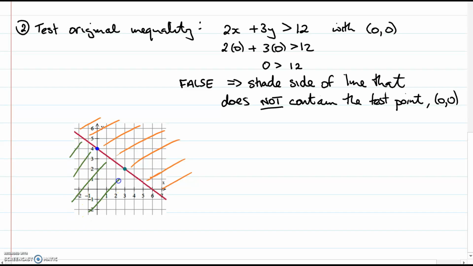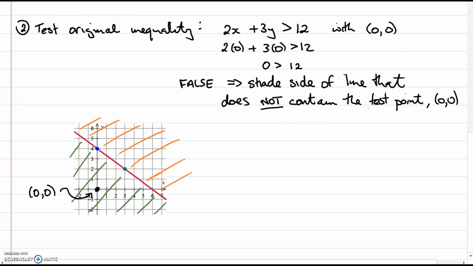So we get to decide whether to shade above the line or below the line. We want to shade the side of the line that does not contain (0, 0). Well, here's (0, 0) down here. (0, 0) is the origin. So we can see that it's on the bottom side of the line. We want to shade the other side of the line.